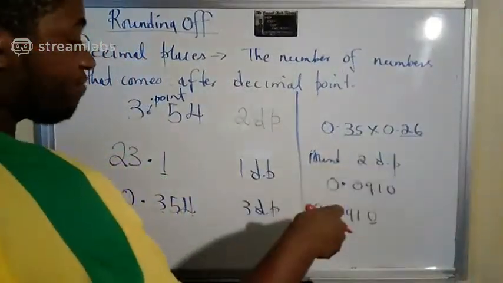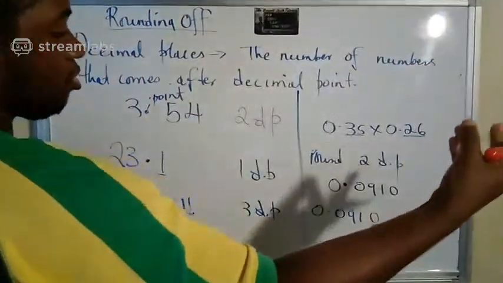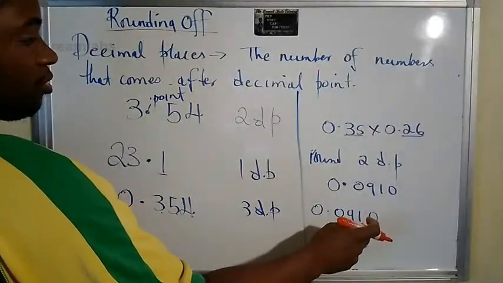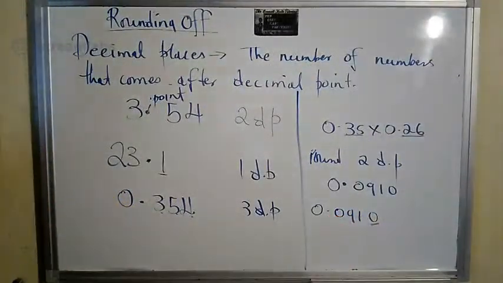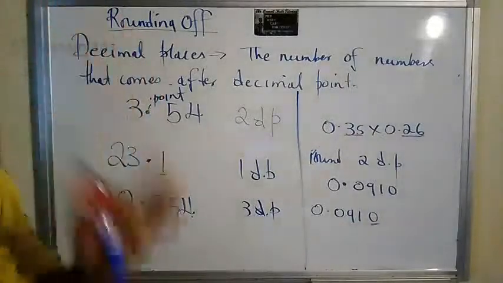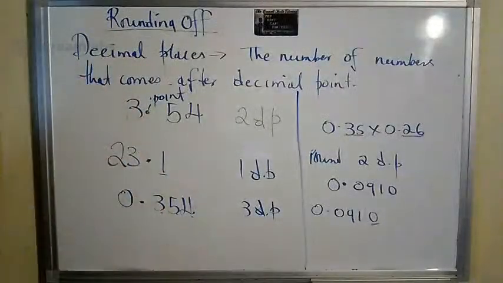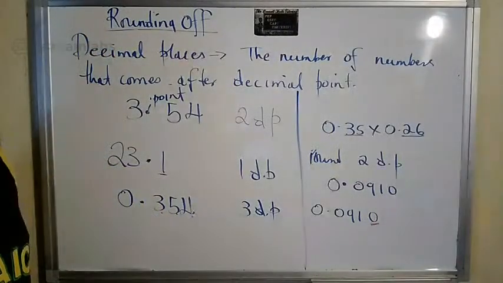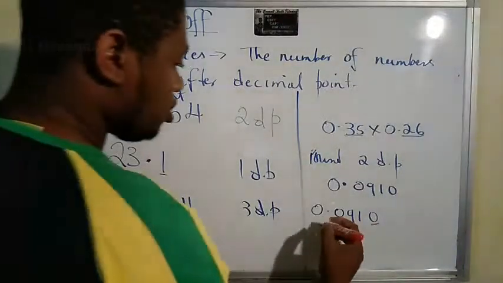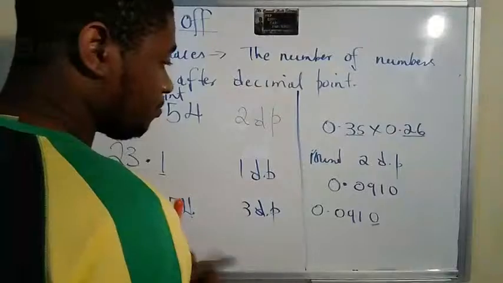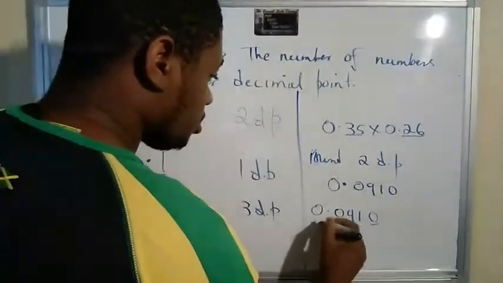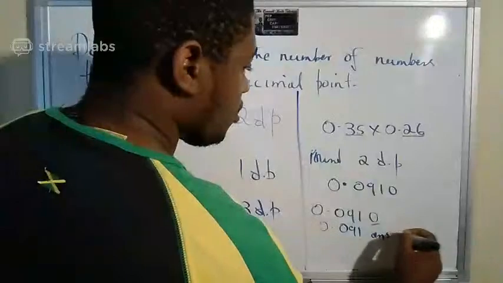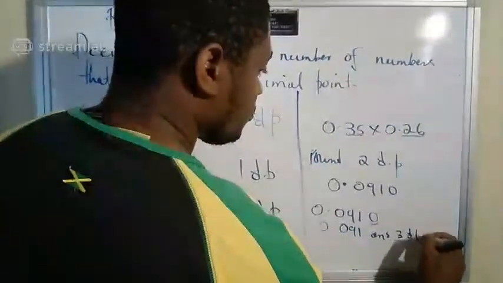If it's 5 or over, you add 1 to the one before it. If it's 4 or less, you just drop it. So is 0 less than 5? So you just drop it. To 3 decimal places, it would be 0.091, and that would be your answer.